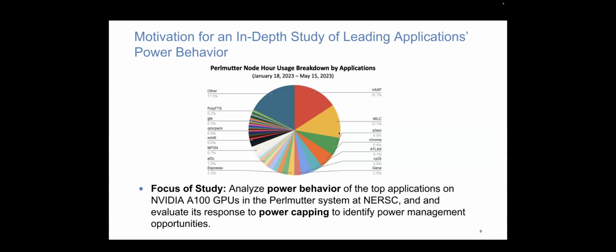This shows the applications' machine time usage. VASP uses the most machine hours, then MILC goes next, and E3SM goes next. So in our case study, we included these three top applications. They are a materials science code, lattice QCD, and a climate code.